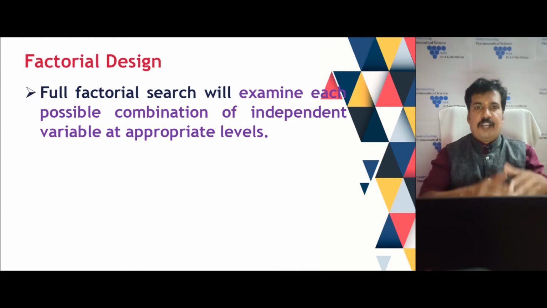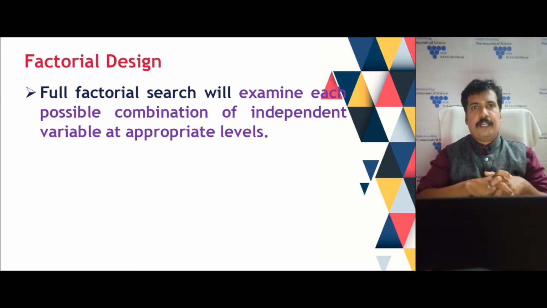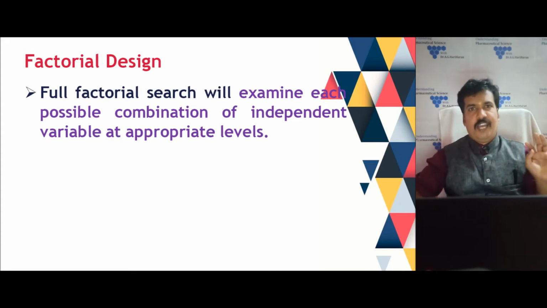A full factorial design will help to identify a particular independent variable at an appropriate level. But this design is helpful only up to 2 to 3 variables. Generally, up to 3 variables, we can perform this design with a limited number of experiments.